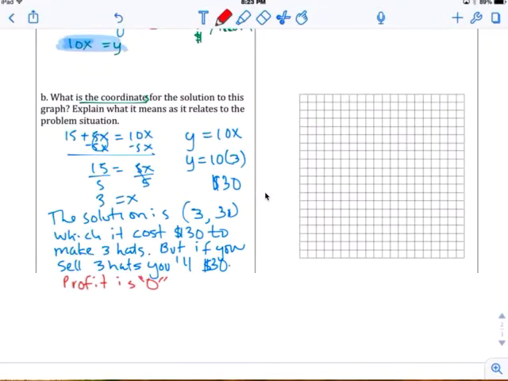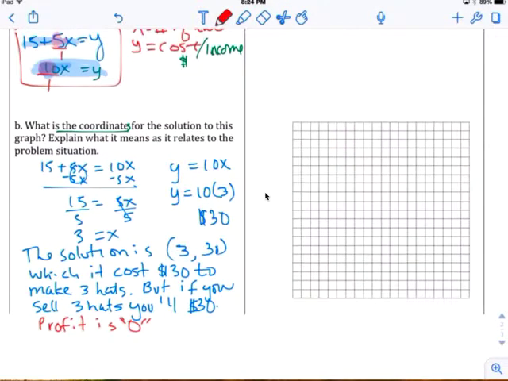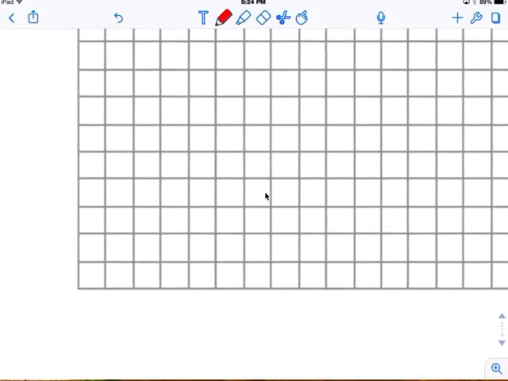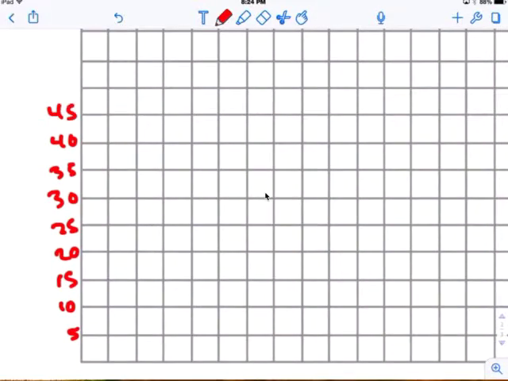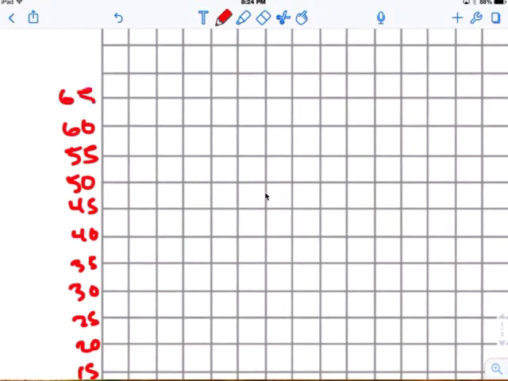Okay, let's graph this. This graph is small enough and it's counting by 5s. The rate of change here is 10 over 1. The rate of change here is 5 over 1. So we can count your y by 5s: 5, 10, 15, 20, 25, 30, 35, 40, 45, 50, 55, 60, 65, 70.